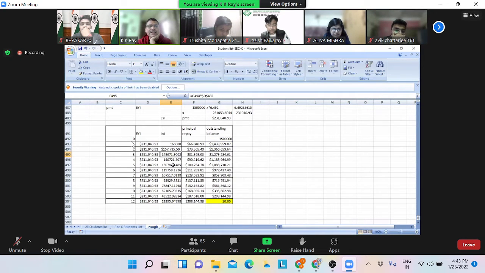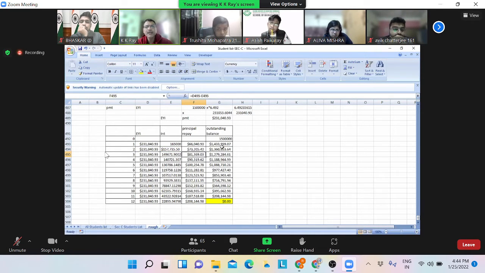Again in the second year I paid the same amount, but the interest amount is reduced. As you go nearer to your expiry period, the interest amount reduces. You see here, the interest amount is getting reduced, but my EMI is the same, so my principal amount is going up. In the second year, this is my interest, and the rest is my principal.